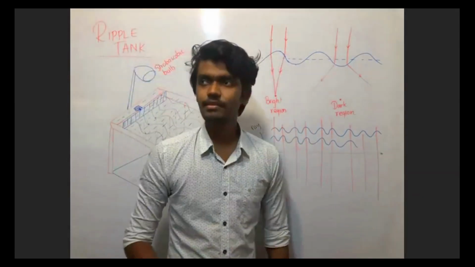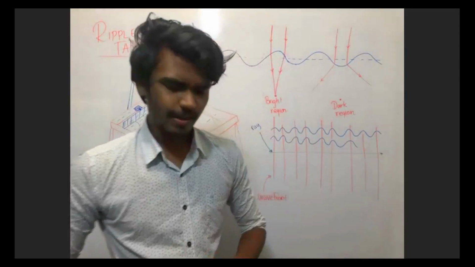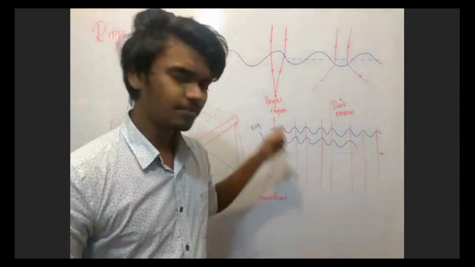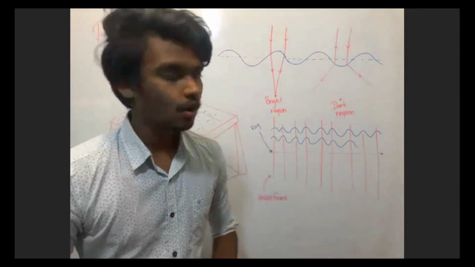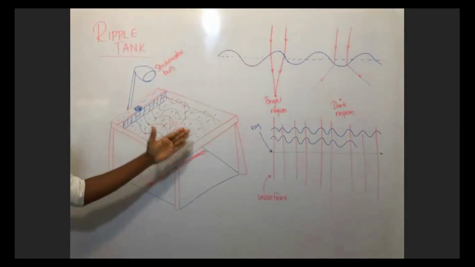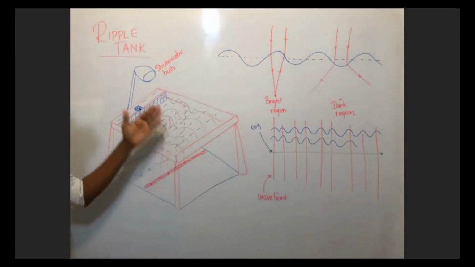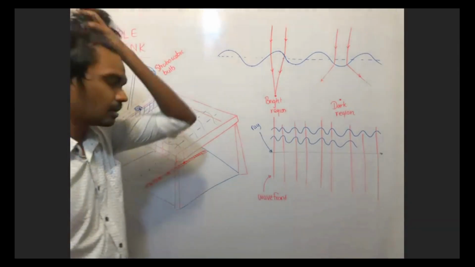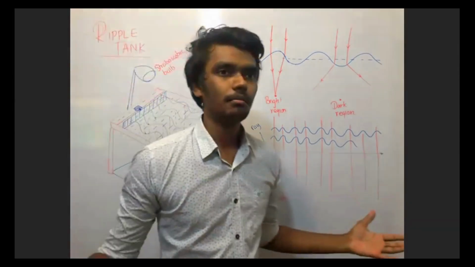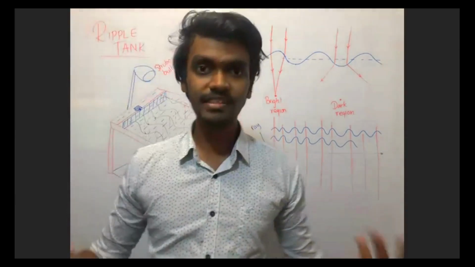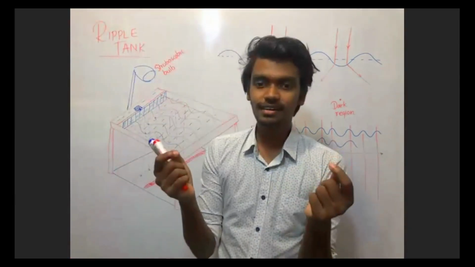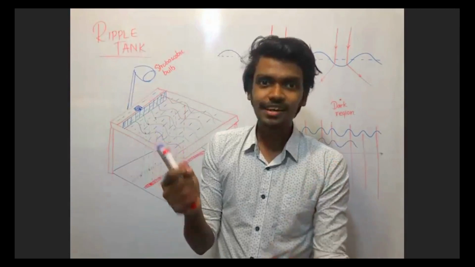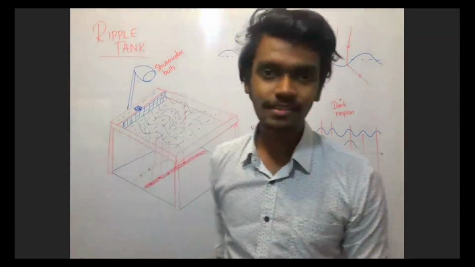If I ask you a very simple question, I need to find the wavelength of these water waves physically by means of a ruler. By using a ruler, I need to measure the wavelength. Can I do that?